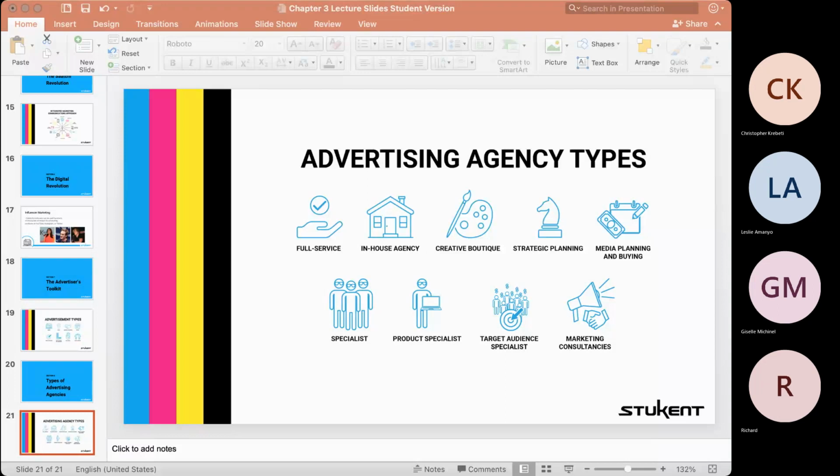They also own TBWA, DDB, BBDO, and several hundred others. If you talk about Publicis, Publicis is based in Paris. WPP is based in London, as I mentioned earlier. So Publicis, they are based in Paris, and they also own Leo Burnett Company, Fallon, Saatchi and Saatchi, and so on.